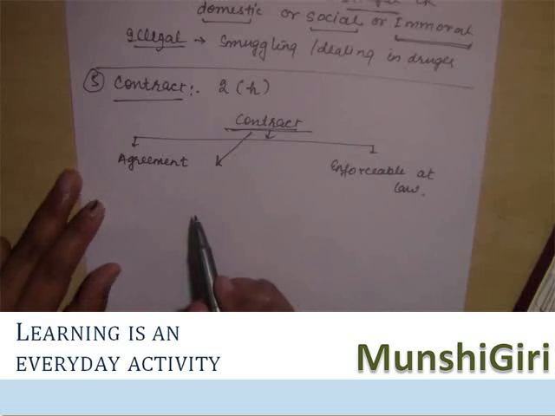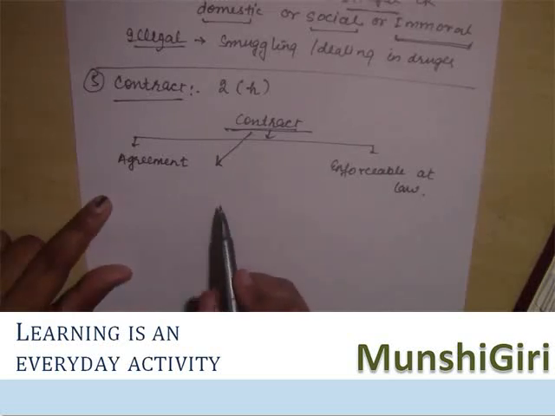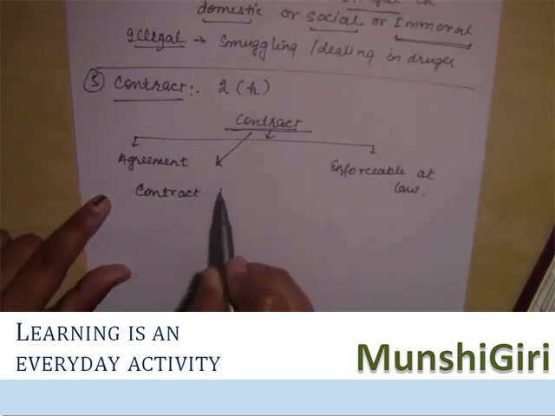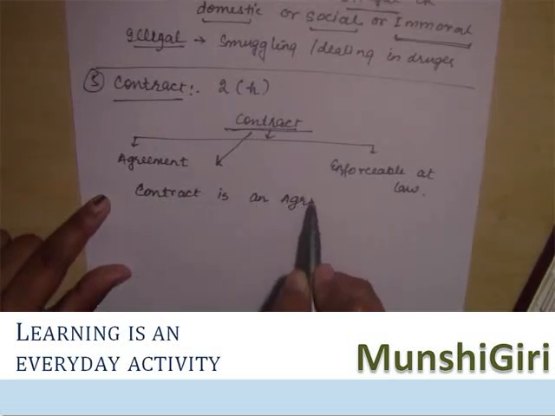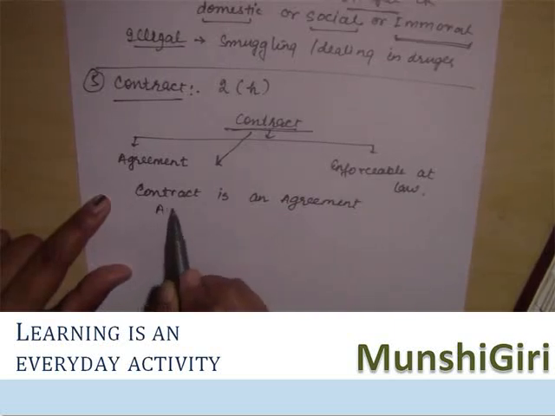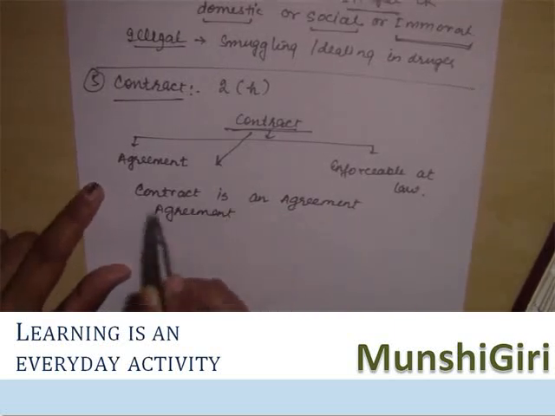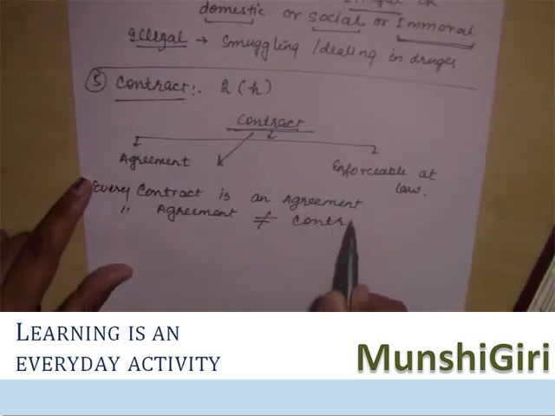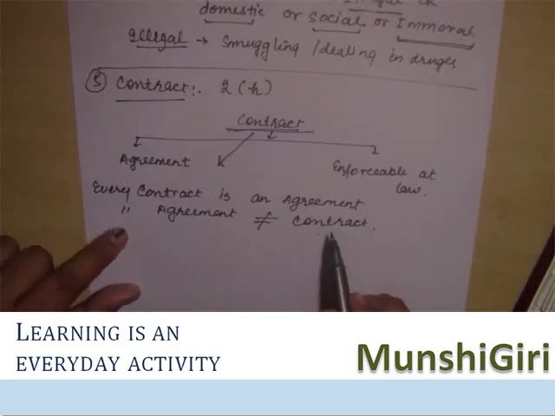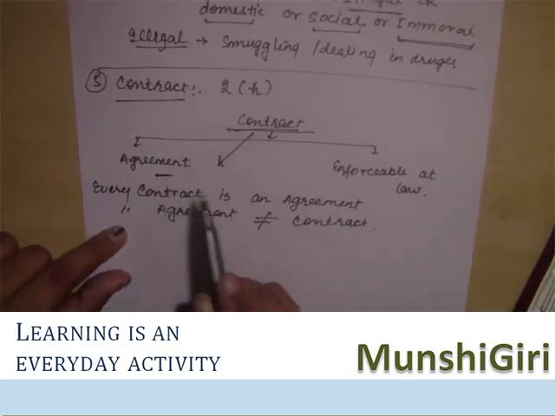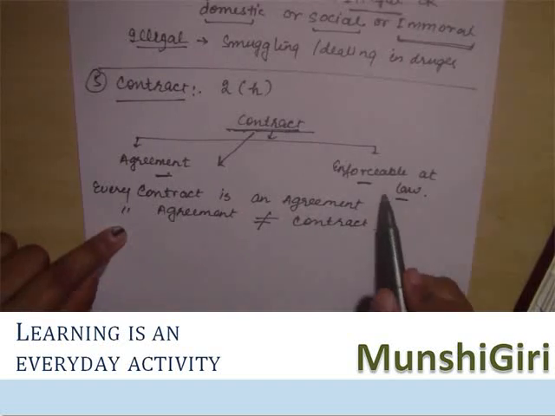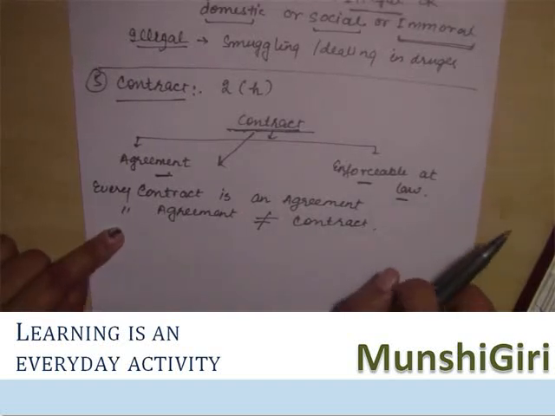However, every agreement is not a contract. Do you agree with that? Why? Because an agreement may or may not be enforceable at law. But when we talk about a contract, it means it has the element of agreement plus the enforceability at law. Okay, so that is it.